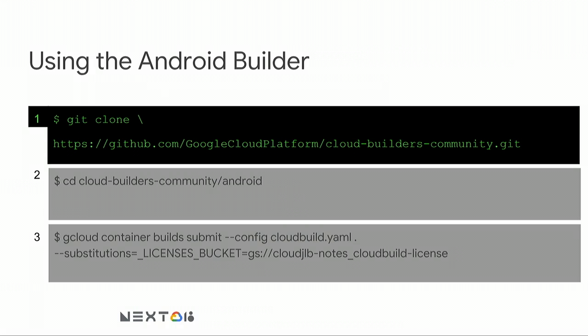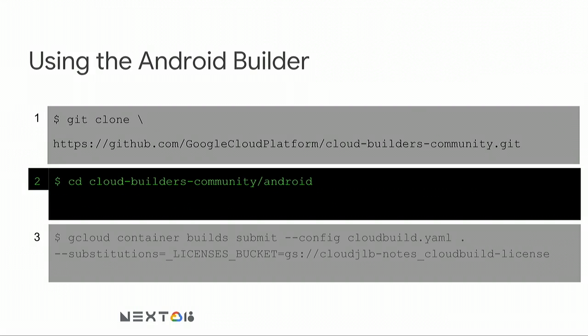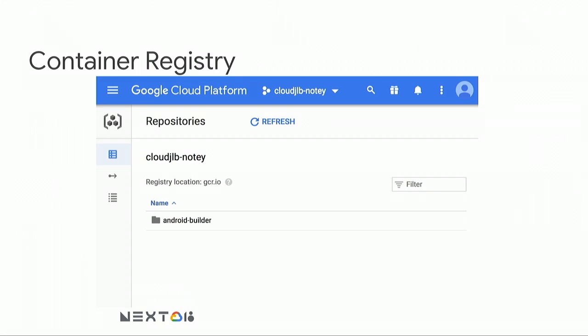And you can just go ahead and call that from your app's build, which I'll go through. So that's the three steps. And the result is you have this Android builder in your registry.